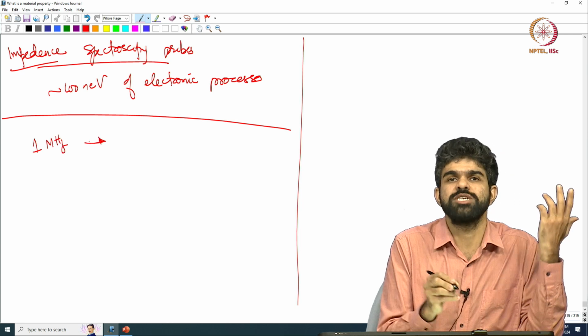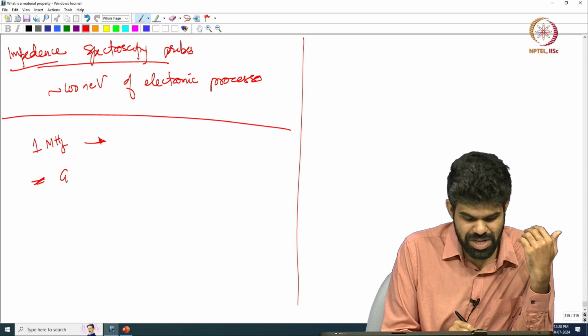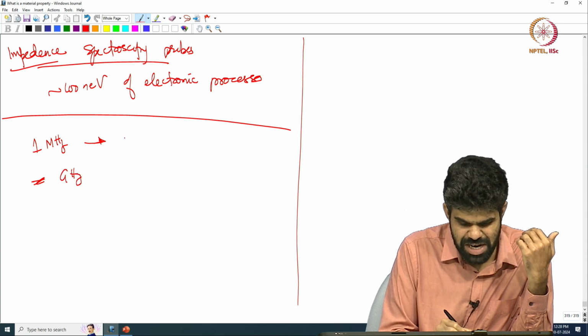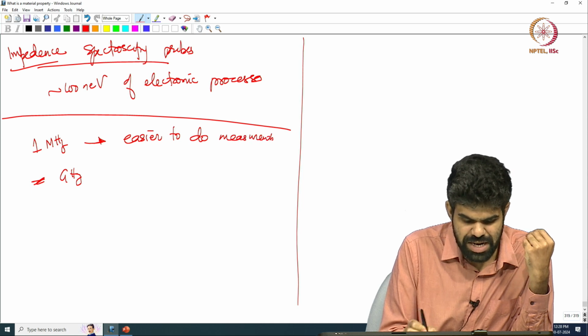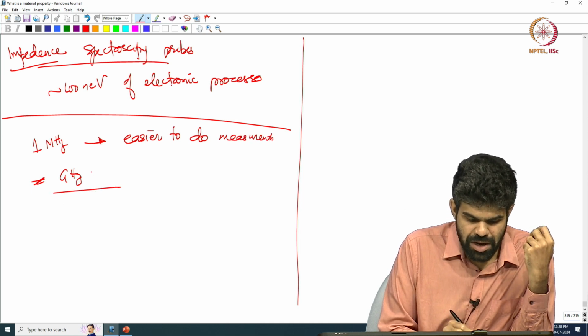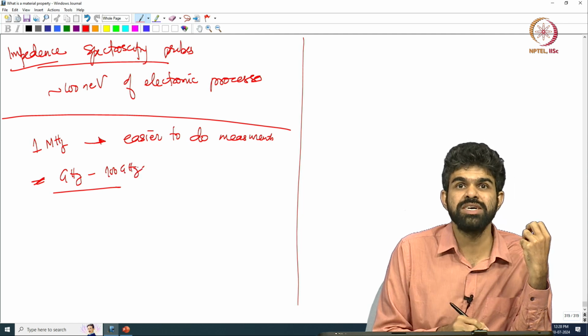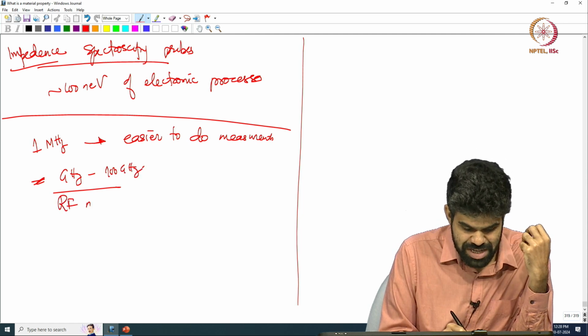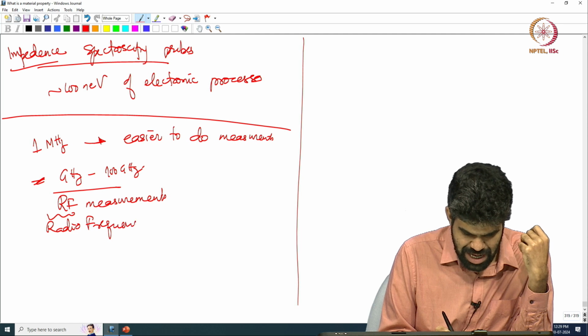Now I want to show you that up to about 1 megahertz I can do these measurements in my lab. Beyond that, gigahertz measurements, up to about 100 gigahertz, are called RF or radio frequency measurements.